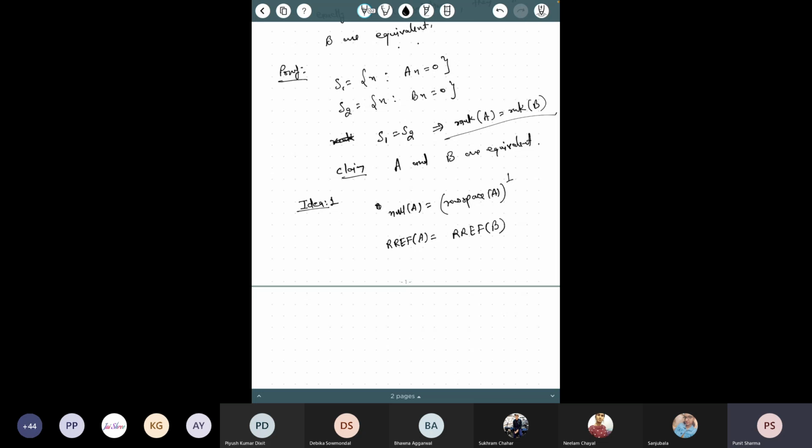So one can say that they are equivalent, right? Proving that they have the same row reduced echelon form is equivalent to saying that they are equivalent. So we are done here.